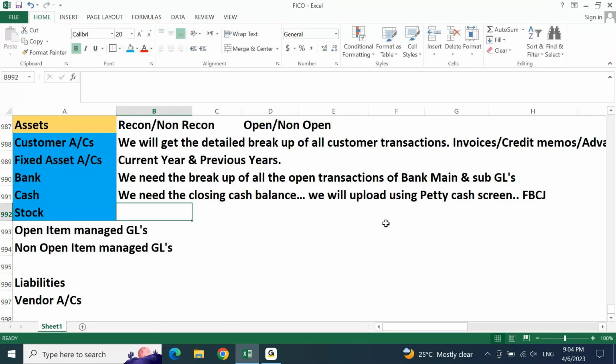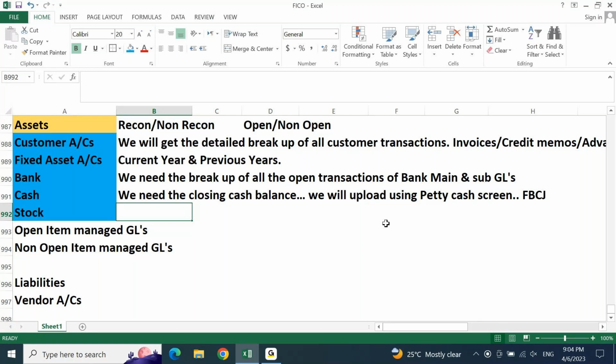Your cash balances are not uploaded through your journal entry, these are uploaded through petty cash. Everybody knows petty cash, FBCJ or cash journal. Your cash balance is uploaded in cash screen only. How we will upload, we will see in the upcoming sessions.